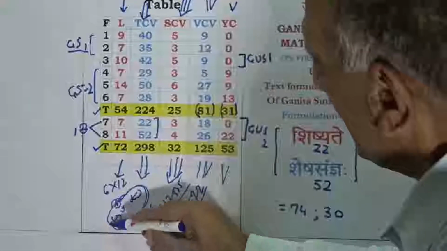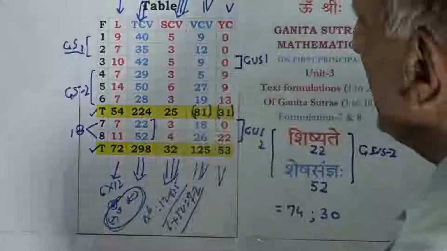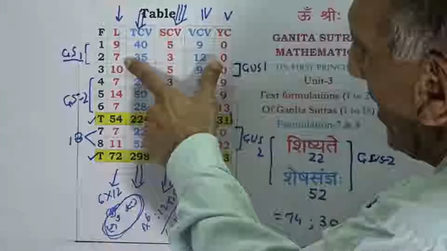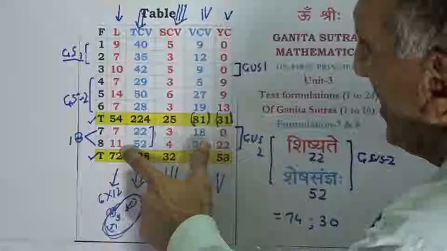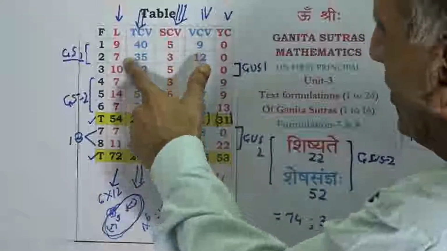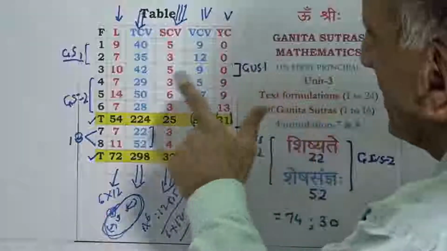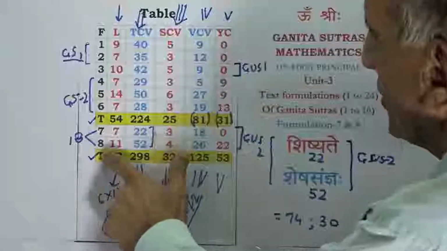Therefore, it is one feature of these flow streams, the first flow stream in the form of the letters availed by these 8 formulations, and therefore Ganita Sutra 1, Ganita Upsutra 1, Ganita Sutra 2, Ganita Upsutra 2.